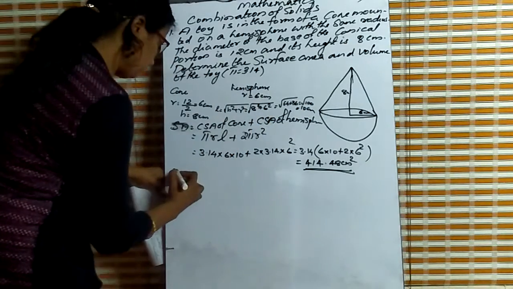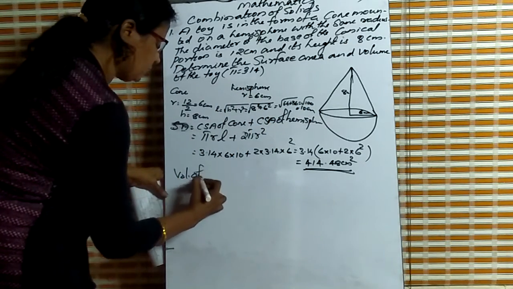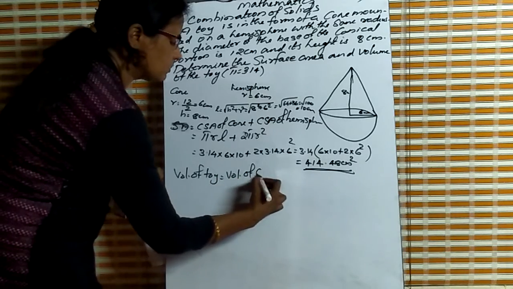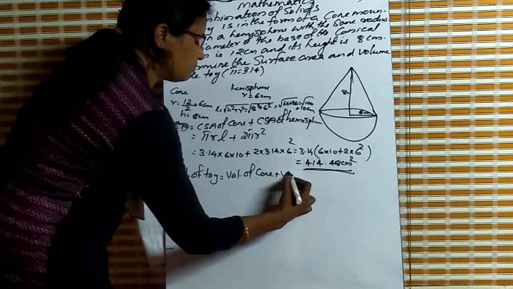Next, volume of the toy. Volume of toy is equal to volume of cone plus volume of hemisphere.